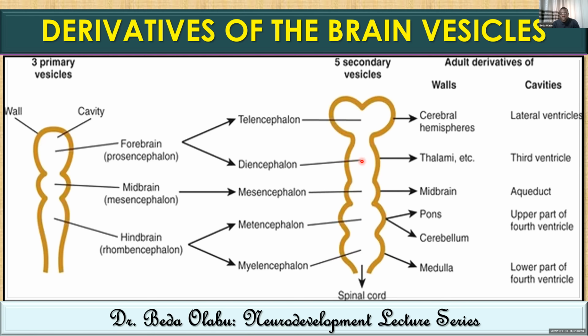So I want you therefore to imagine that this point will come like this as a narrowing. So there'll be a narrow channel between this space and that space, and that is what we'll call the interventricular foramen of Monro on one side and also on the other side.